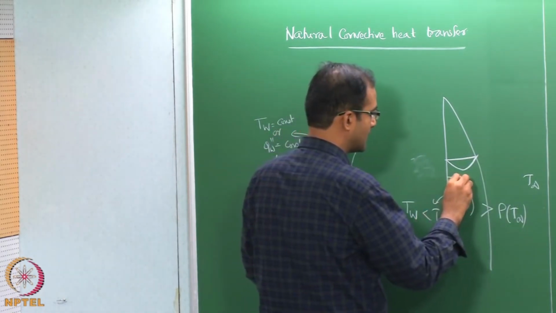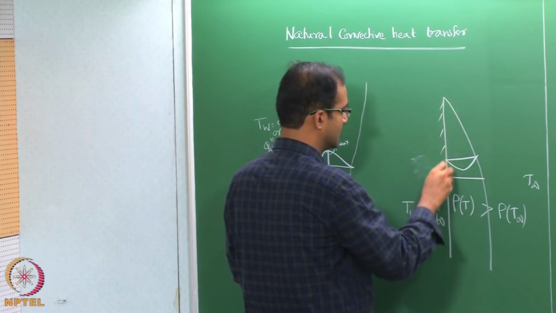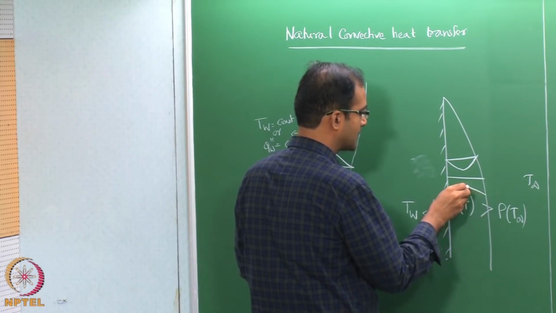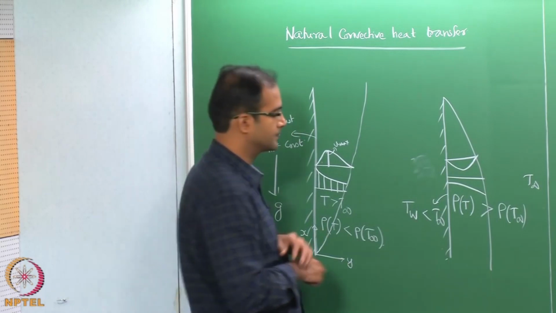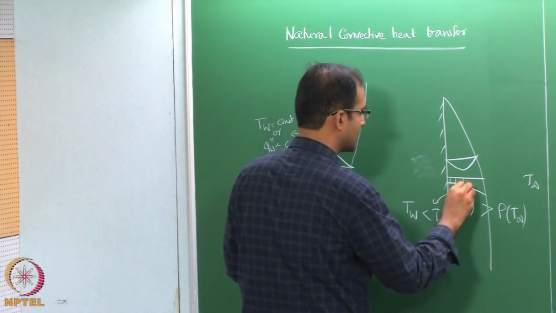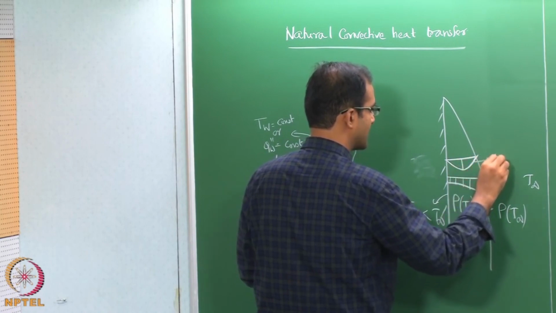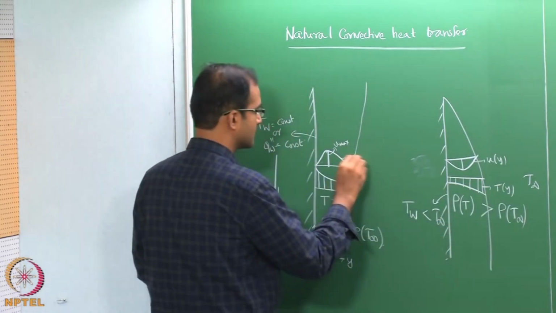And similarly, if you draw the temperature profile, this is your plate. So, you have higher temperature outside and then lower temperature close to the plate. This is how the velocity varies as a function of y and temperature as a function of y.